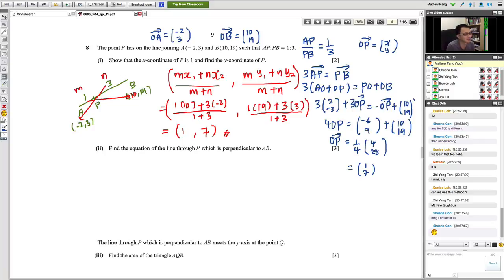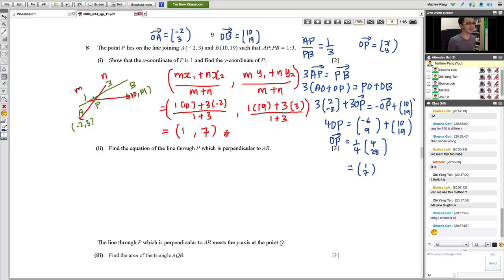But because this one is 2 marks, I'm not sure why, because the vector method has a lot of things to do. Anyways, you can use vector to do this one, but if you use the formula, actually it's quite direct. I think you can use another method also. Anyways, I will discuss another method in school, because there's too many things for us to discuss already.